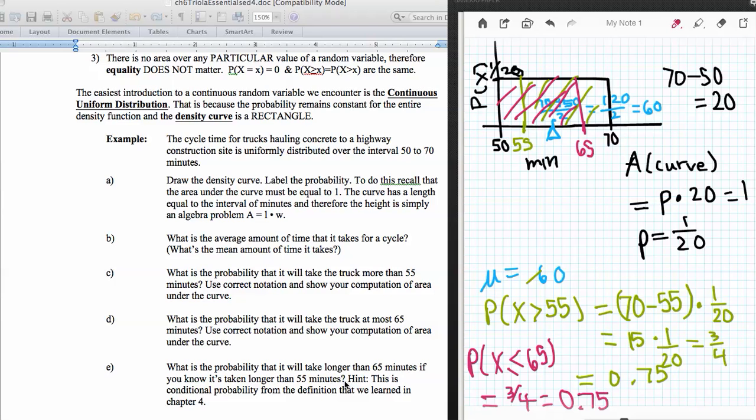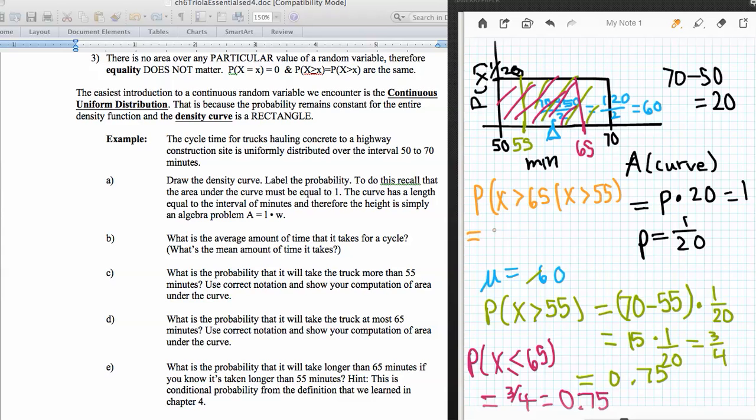What is the probability that it will take longer than 65 minutes if you know it's taken longer than 55 minutes? Well, this is a conditional probability, right? So what's the probability that it's going to be longer than 65, given that it has been longer than 55 minutes.